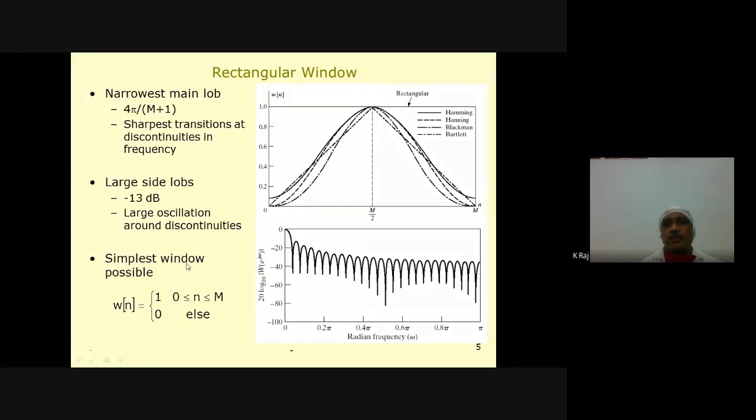And the simplest window possible can be written as W1 equal to 1 for the given range, that is the rectangular window that lies from 0 to M, where M is the finite length of the window, otherwise it will be considered as 0 here. And similarly we can draw this graph here that describes the main lobes and the side lobes for the given window with the help of the frequency in radians.